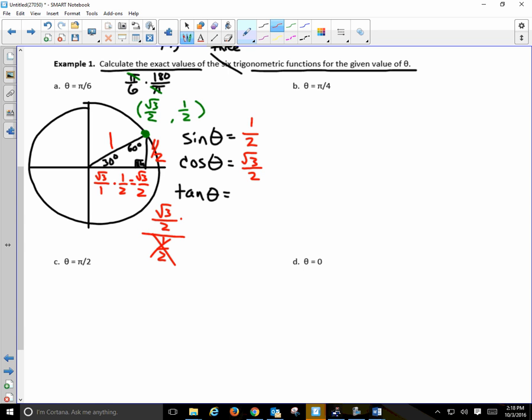What's the reciprocal of 1/2? Okay, so I'm going to simplify that. Square root of 3 over 2 times 2 over 1. What happens to the 2's? They cancel, and I end up with just the square root of 3. What do you think? Not too bad, huh?